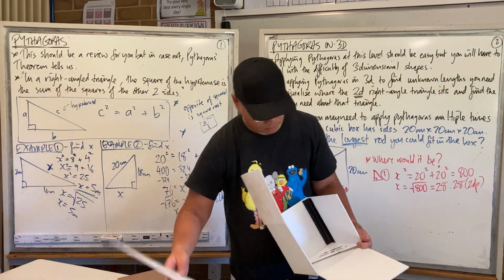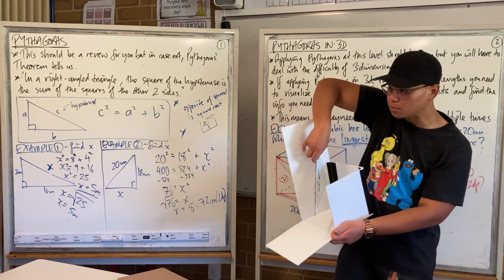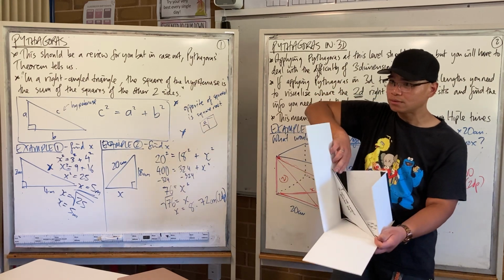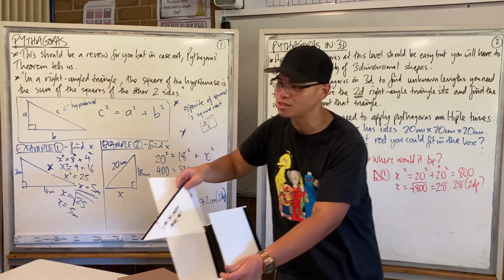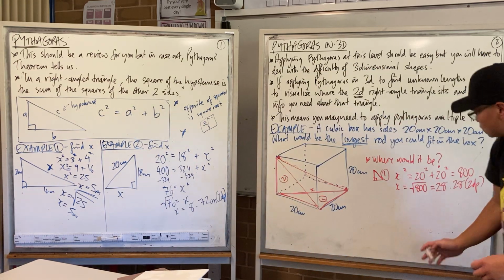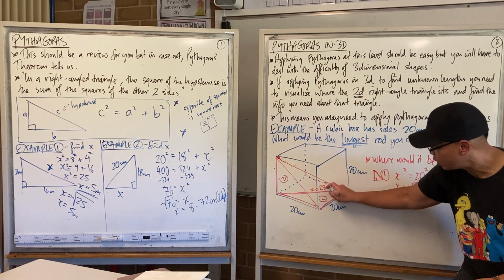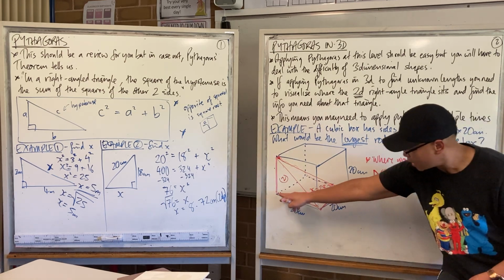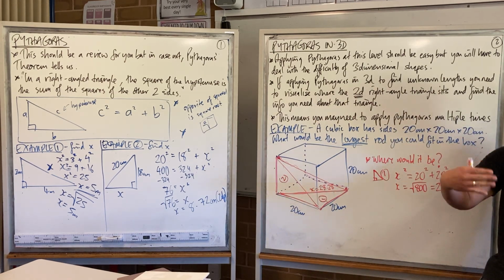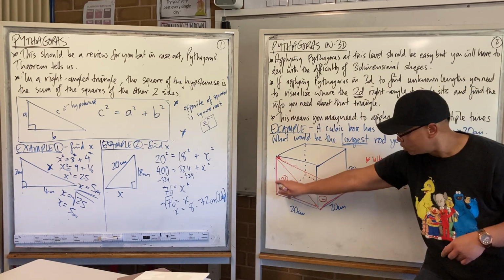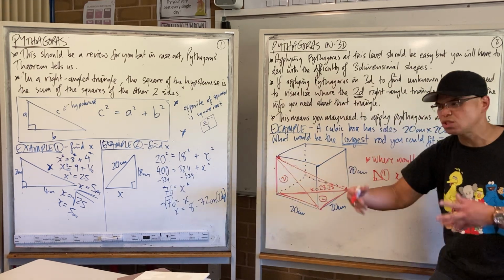Because that's the bottom of this. So you're thinking in 2D and 3D at the same time. Now we know x is 28.28, the bottom of that angled triangle. Do we know how tall the angled triangle is? It's still 20. It's nice.